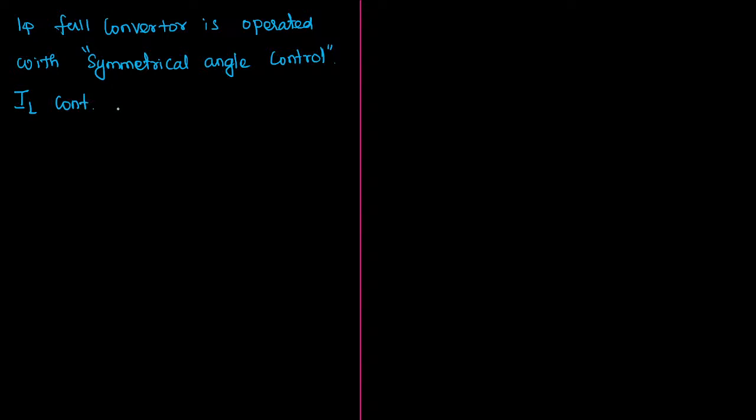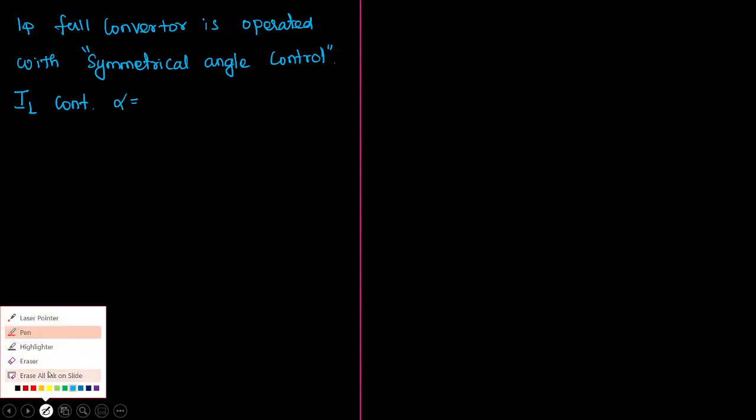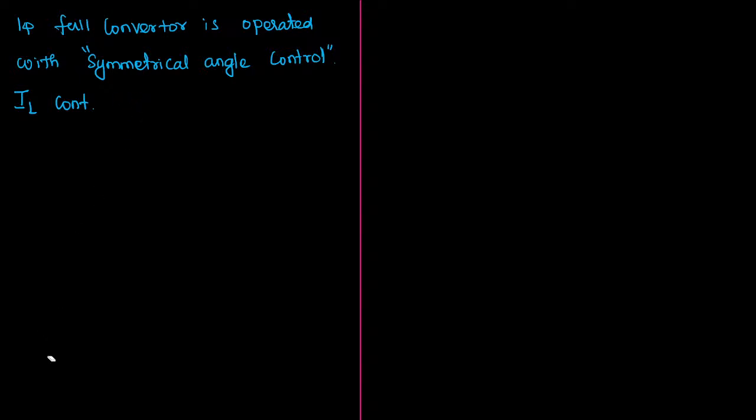Output current is continuous, so the ripple content is negligible, and the conduction angle alpha. No, one minute. That is the firing angle. They are different. Conduction angle is given. It is the thyristor conduction angle.